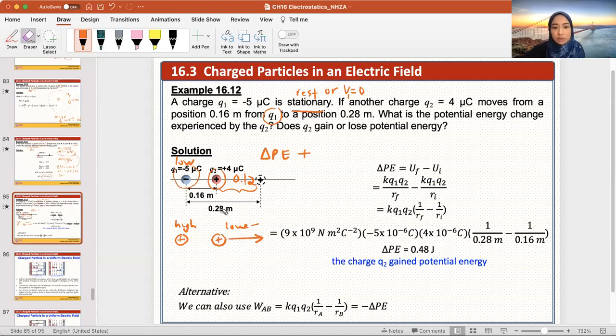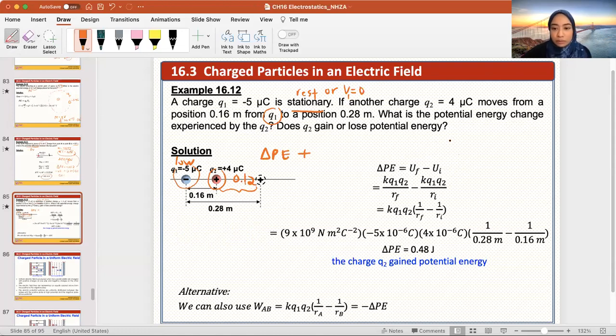Okay, so now let's look at the equation. What is the potential energy change experienced by Q2? Delta PE is UF minus UI, or final potential energy minus initial potential energy.